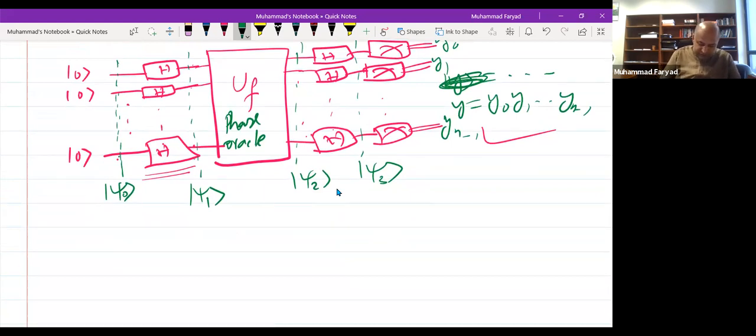So let's start from here. psi naught is nothing but this state. So we now have to make a decision. We have a bunch of qubits: qubit 1, qubit 2, and all the way to the nth qubit.